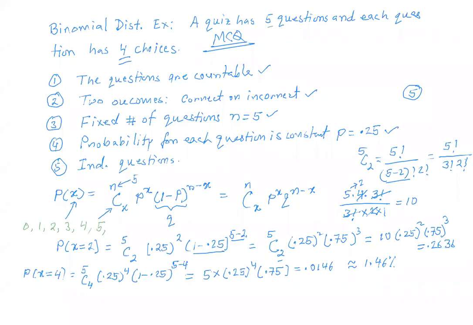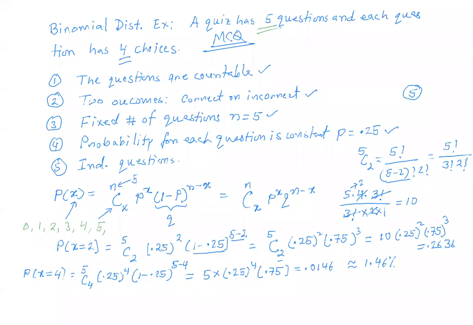Why? Because the MCQ that you are considering has 5 questions. So if x is the event that you get x number of questions correct, it could be only 0 through 5. It cannot be 6, 7, 8, 9, 10.